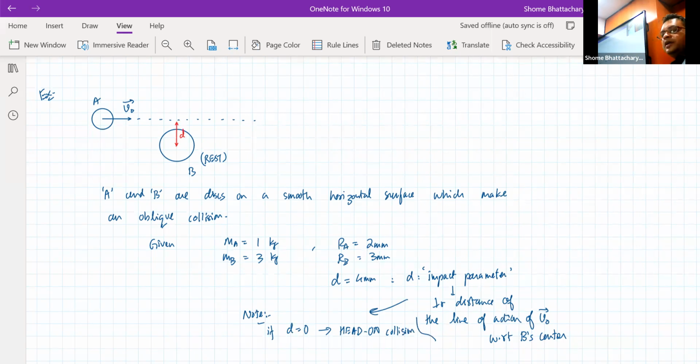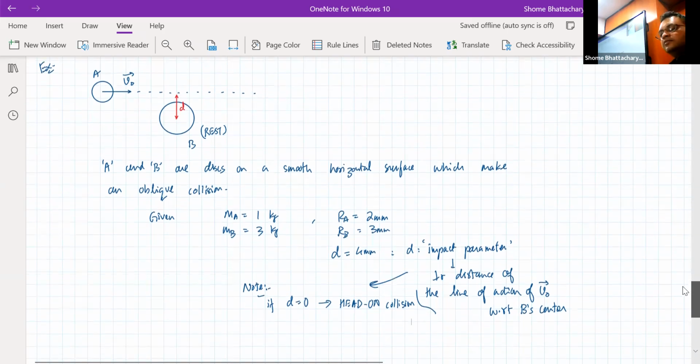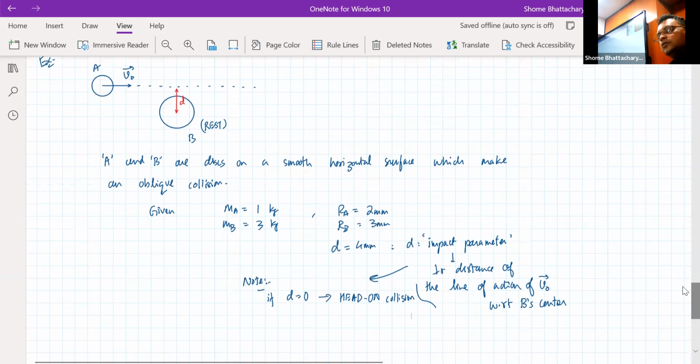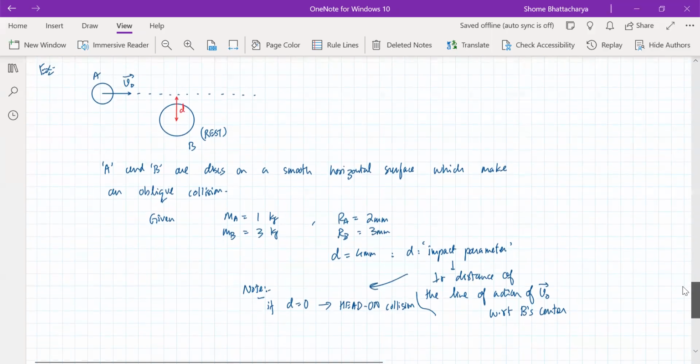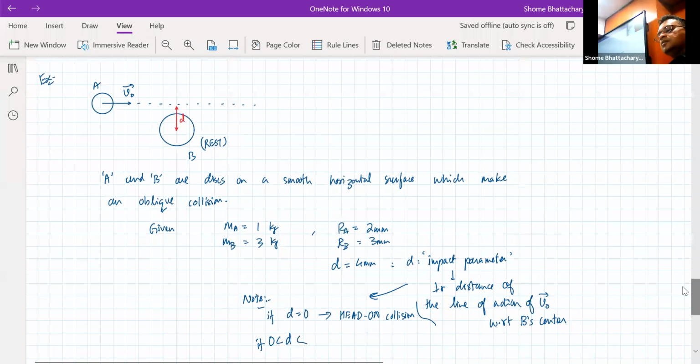If the impact parameter is greater than 0 but less than R1 plus R2, or RA plus RB in this case, then we have an oblique collision, which is the case over here. You can see that it is greater than 0, but at the same time it is less than the sum of the radii, because the sum of the radii is 5 millimeters. Then there is an oblique collision.